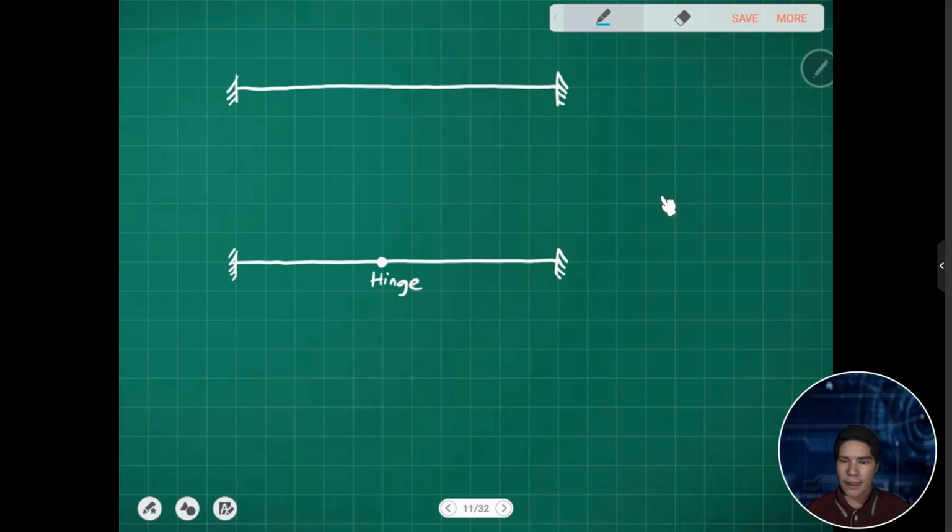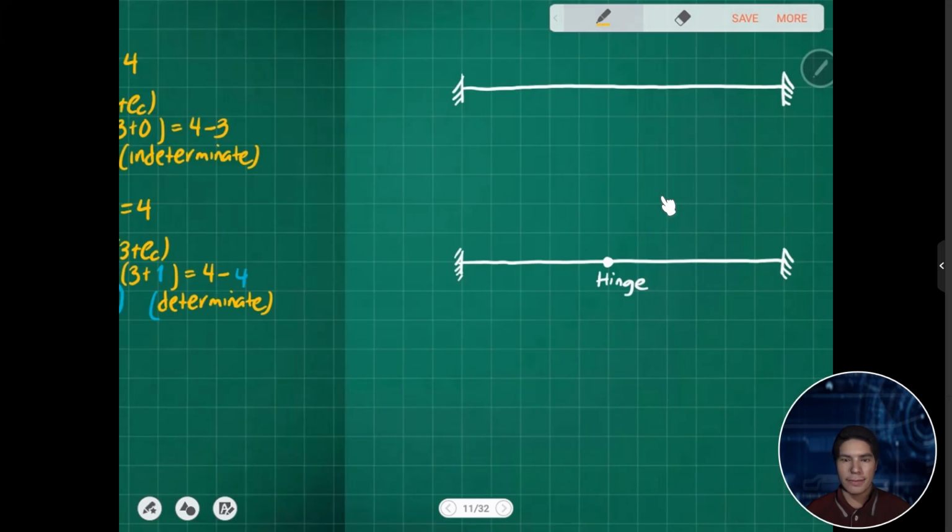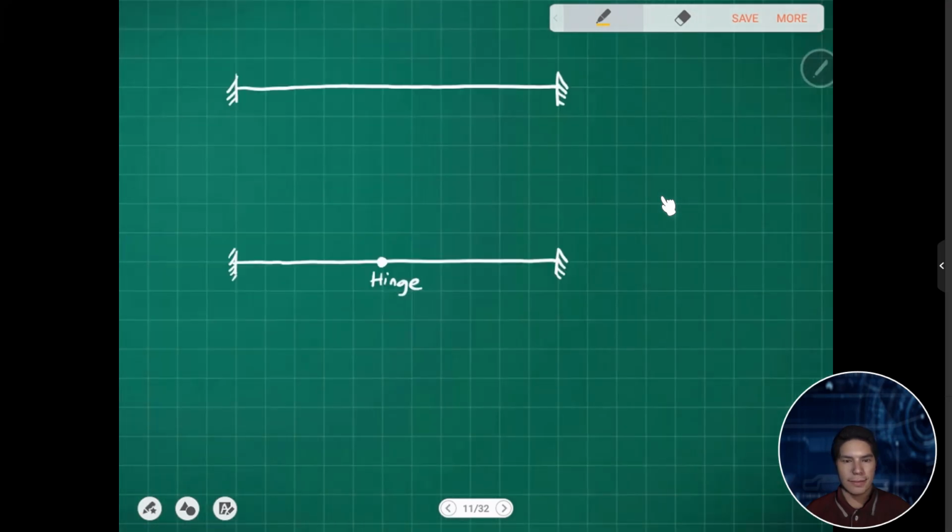Okay, so we have here a fully restrained beam. So again, we have the number of reactions. The number of reactions is 3 for the fixed support, so we have 3. We have no internal hinge or internal roller, so we have 0.